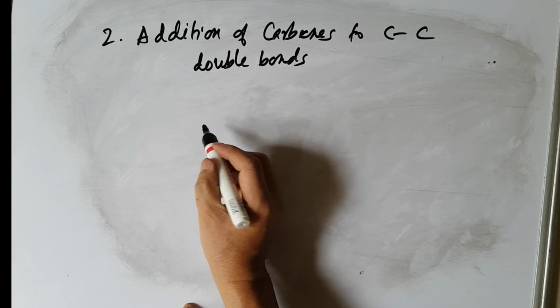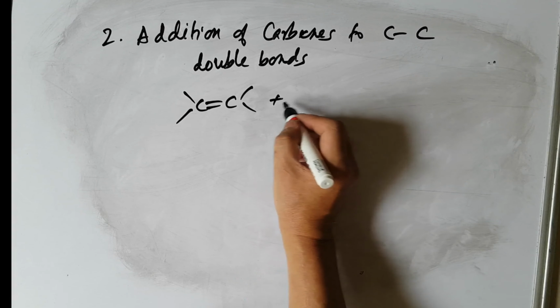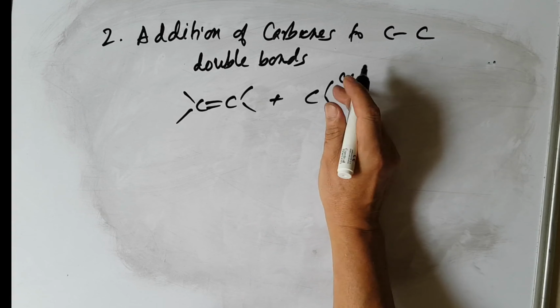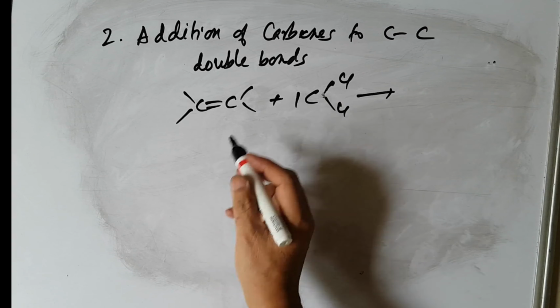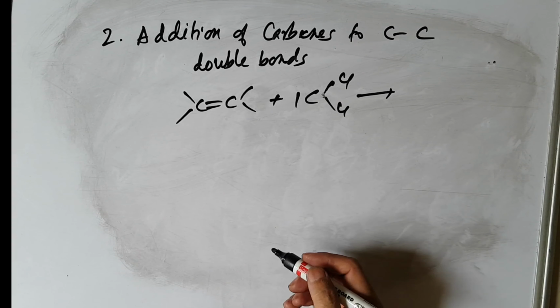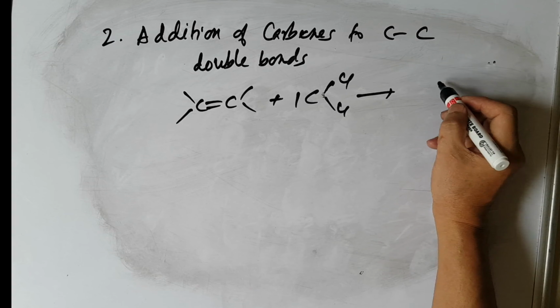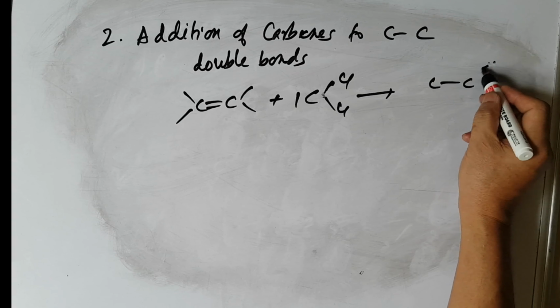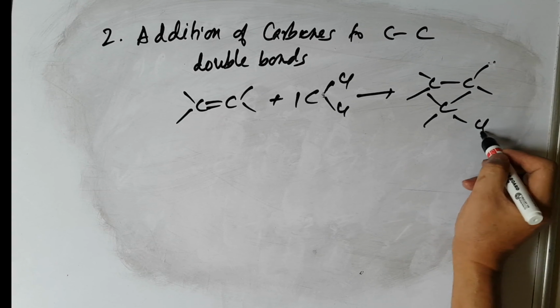The carbene, let's say CCl2, adds to the double bond, and you can have a cyclic structure.